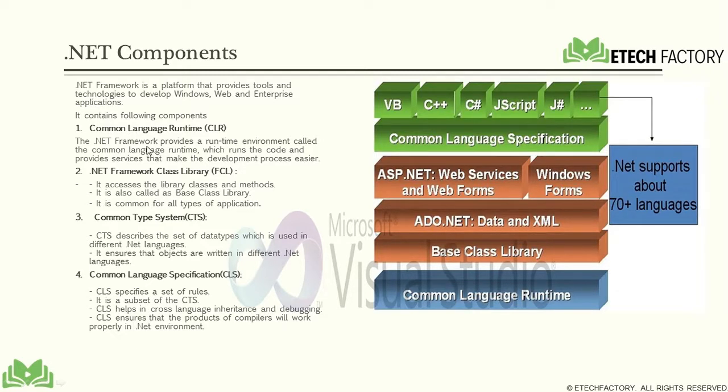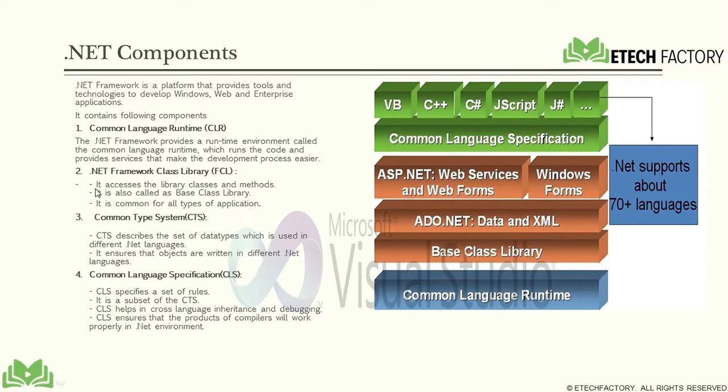The .NET framework provides a runtime environment called the Common Language Runtime, which runs the code and provides services that make the development process easier. The CLR is used for both development and production of .NET applications.